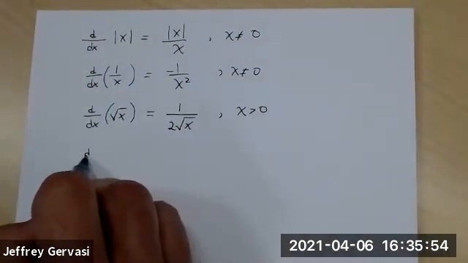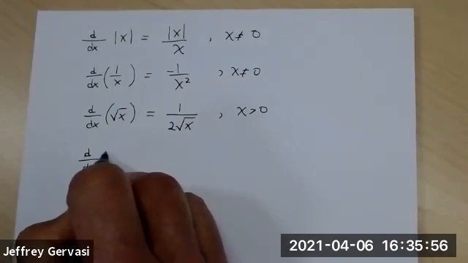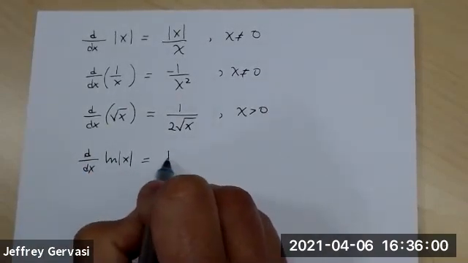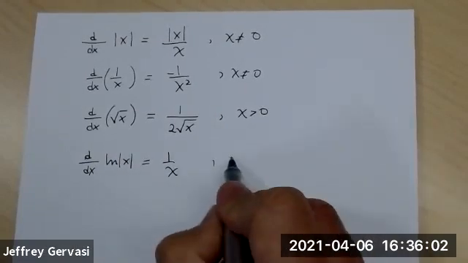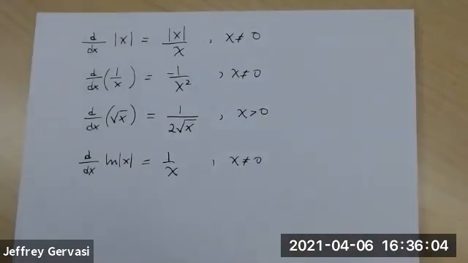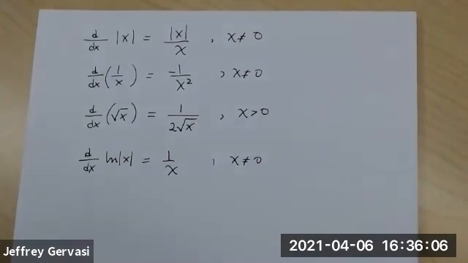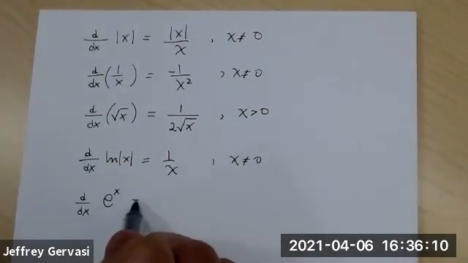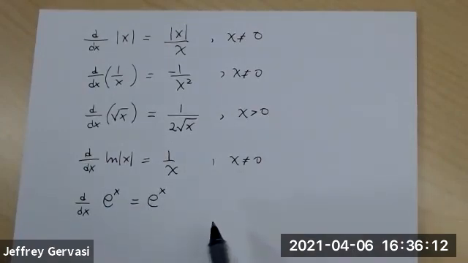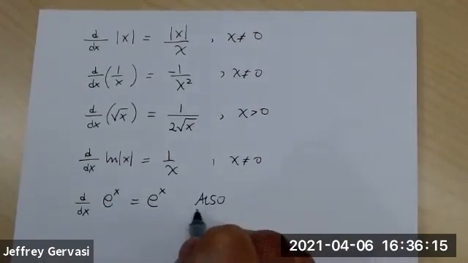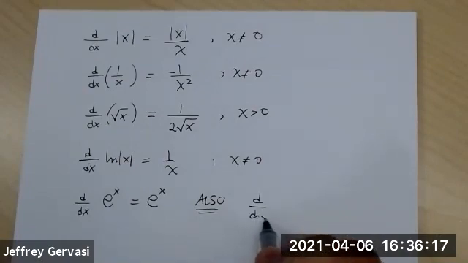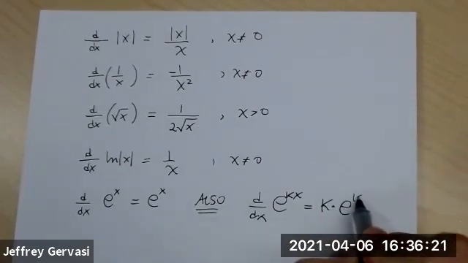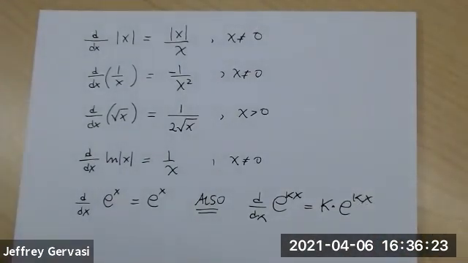We know that the derivative of the natural logarithm of the absolute value of x is the reciprocal function, don't we? Yeah, we do. We know that the derivative of e to the x is itself, and also that the derivative of e to the kx is k times e to the kx. And we know all of that, don't we?